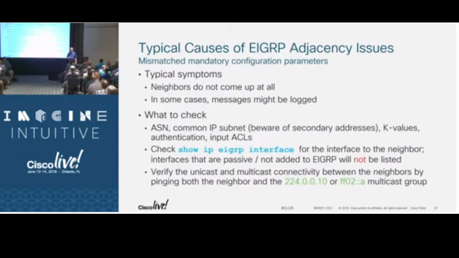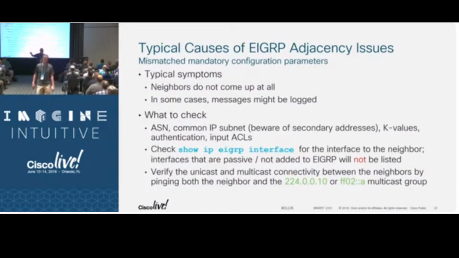One nasty thing that can happen is the use of secondary IP addresses. If somebody wanted to play a bad prank on you, he would configure two networks on the router, let's say A, primary network 10.1.1, secondary network 10.1.2, and then configure the same networks on the second router but flipped.